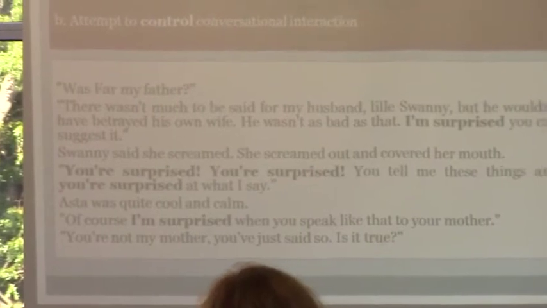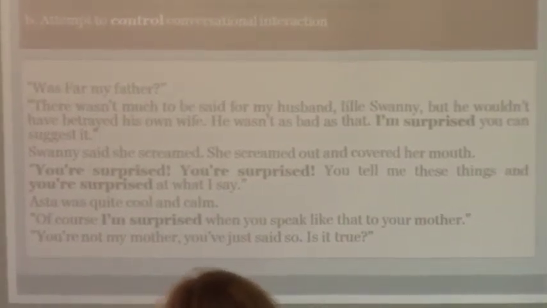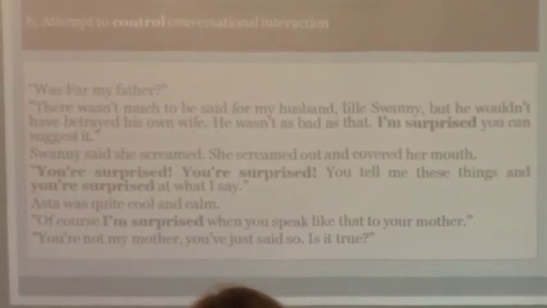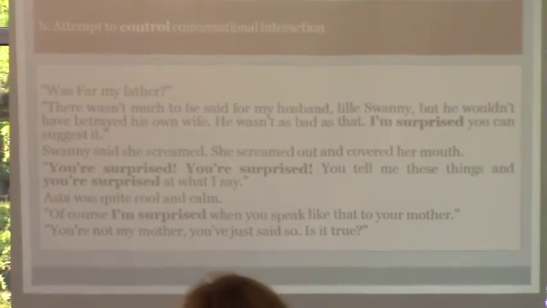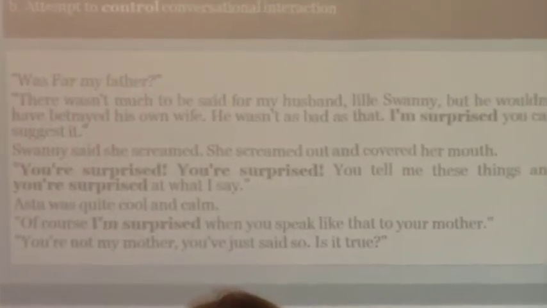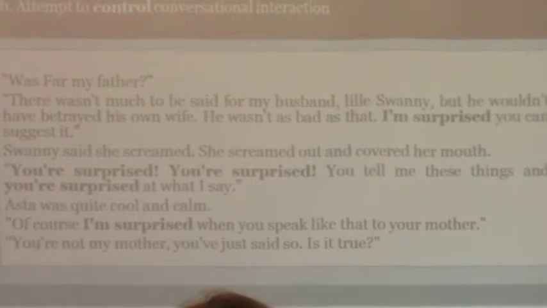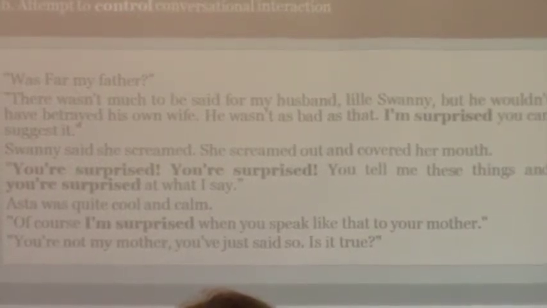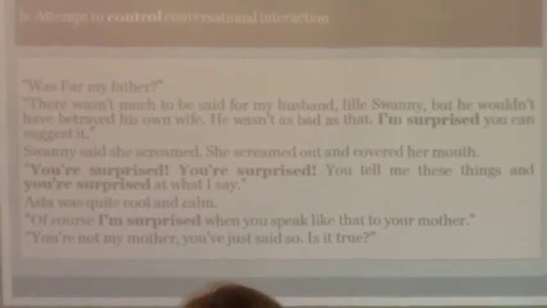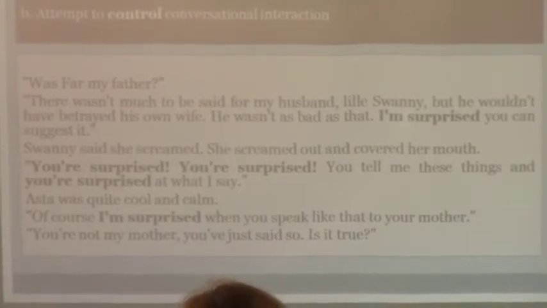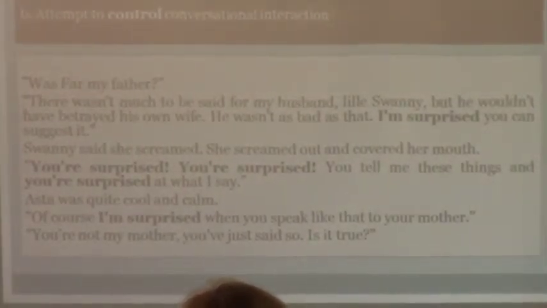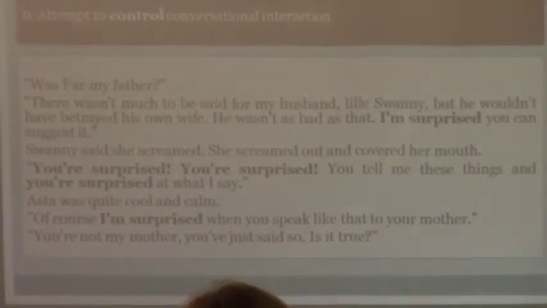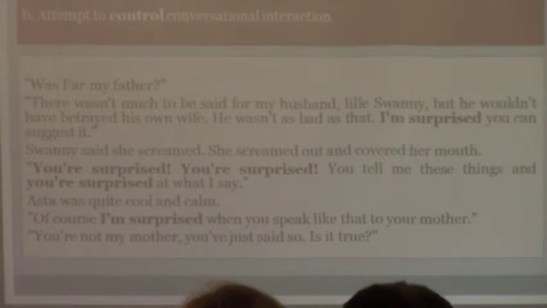Look at this example where "I'm surprised" and "you're surprised" occur several times. A shift here can be observed between "I'm surprised you can suggest it" to "I'm surprised when you speak like that to your mother," in response to the addressee's exclamation, "You're surprised."